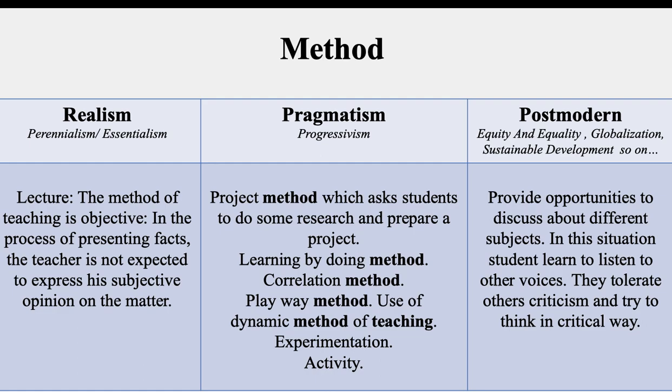Because realism is about science and mathematics. It is about objectivity, about empirical data, about facts and figures and numbers. So the teacher is not supposed to give their opinion on it, but is supposed to put the information and scientific facts in front of the students. So it's a very objective method.